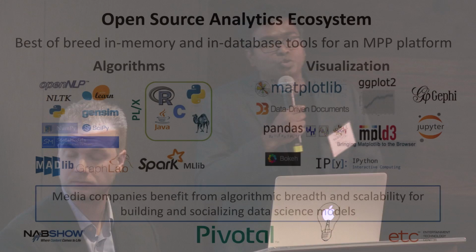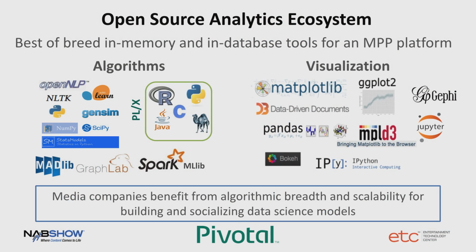So for a lot of these reasons, open source tools are preferable, and we see this amongst a lot of our own customers at Pivotal as well. Now, our team in particular, we make extensive use of open source tools, and some of those tools are, as you see on the screen. So there are tools which we use for building models. So these are algorithmic tools.